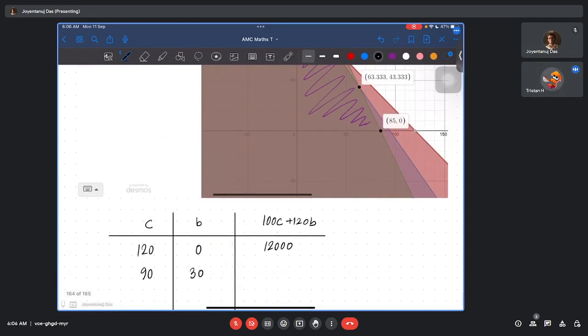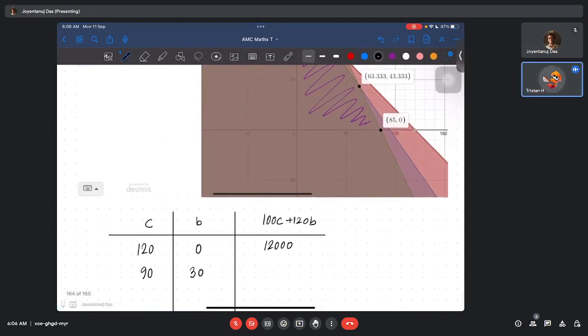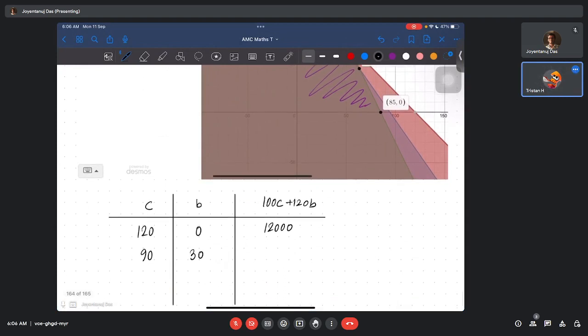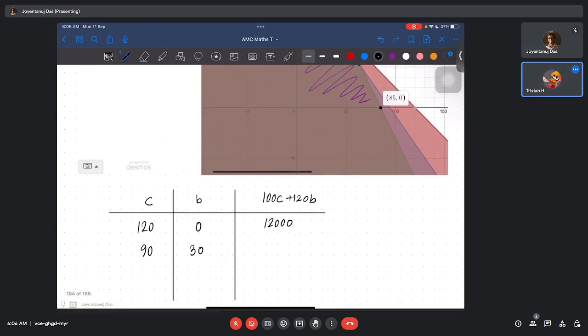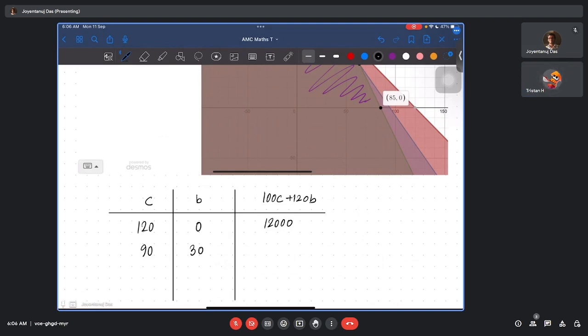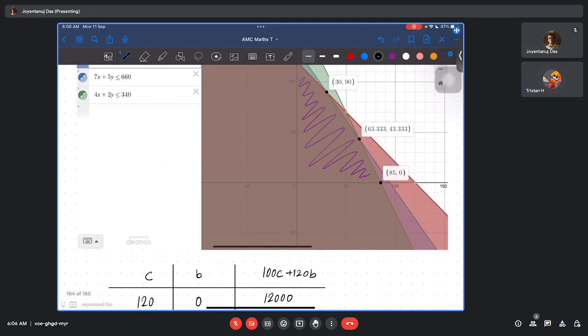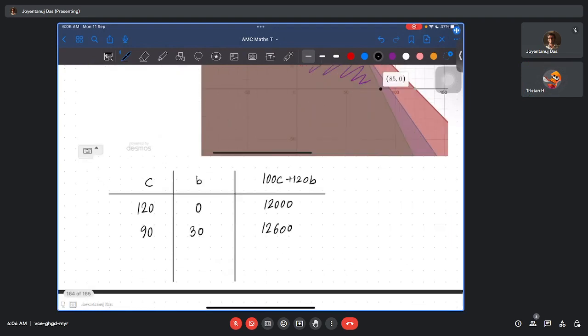It would give you 9,000 plus 3,600. So 12,600, right. Then the next point is 63 and one third and 43 and one third. So opposite one: 43 one third, 63 one third.